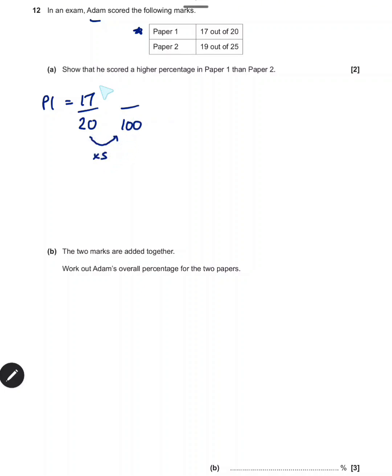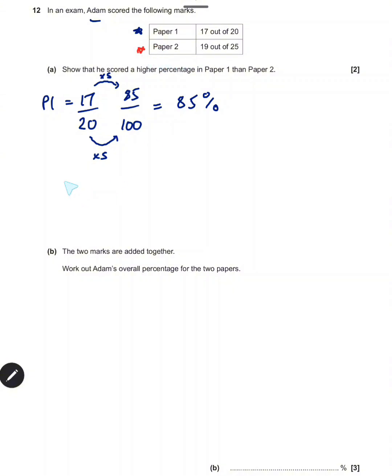You times 5. We need to do the same on top. So I've got to do 17 times 5. 5 times 10 is 50. 5 times 7 is 35. 50 add 35 is 85. So that's 85% on paper 1.